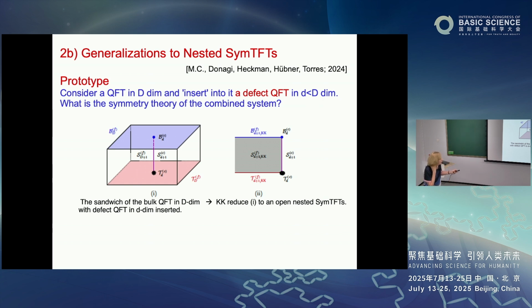On this edge here, we have a defect field theory. And now we build the corresponding SymTFTs. So naturally, from this defect field theory, we are dealing with this boundary SymTFT, one dimension higher. And above the higher dimensional field theory, we build this bulk SymTFT.